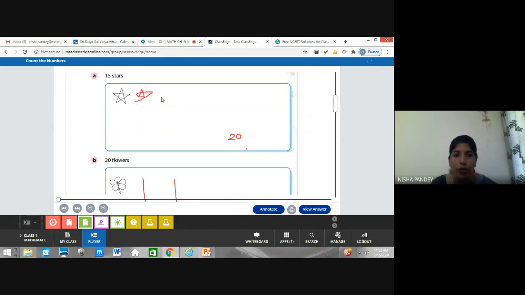So one bundle of 10 we can form. See, I'm making very bad stars. Please ignore it, because I'm drawing quickly. So I draw for you so you will understand.